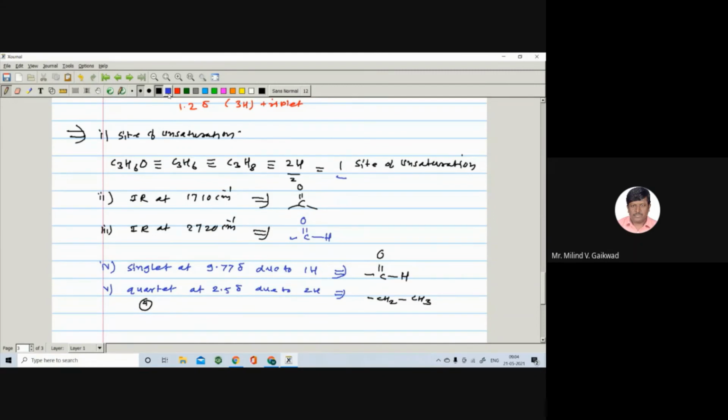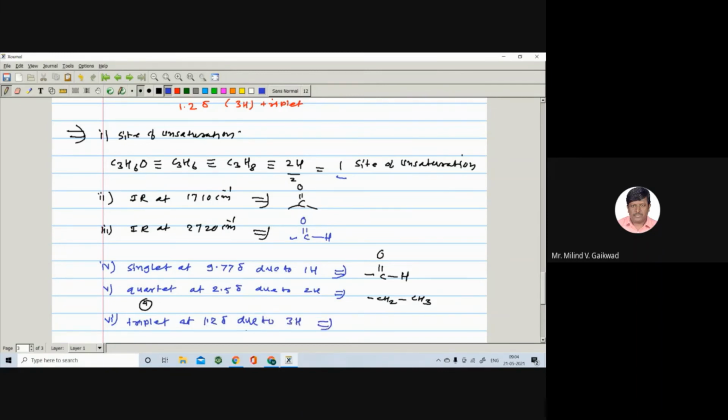Okay, and the last one here is a triplet at 1.2 delta due to 3 hydrogen.